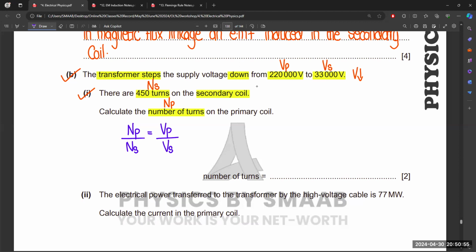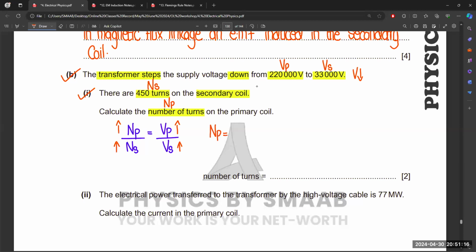Okay. Because if you increase the number of turns in the primary, the voltage in the primary also increases. And if you increase the number of turns in the secondary, the voltage also increases. So this is the relation between number of turns and the voltage. So NP is unknown.